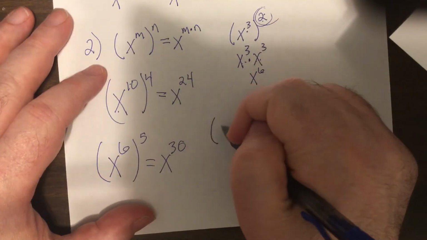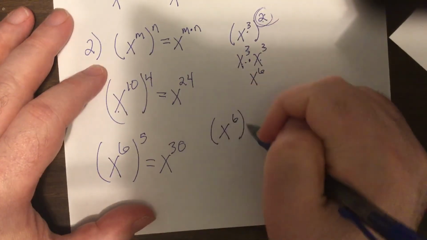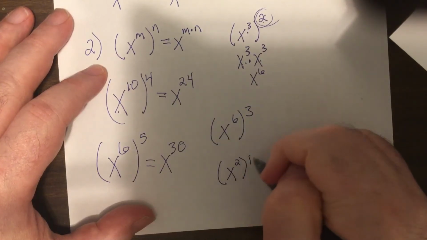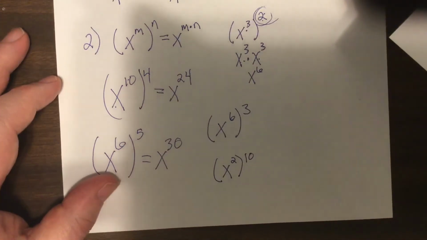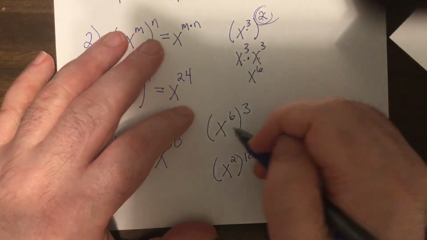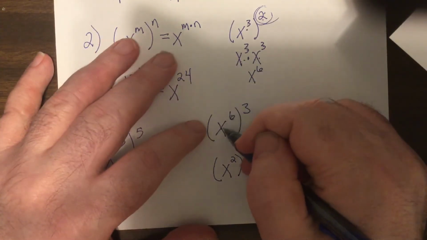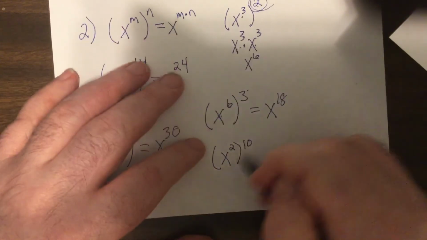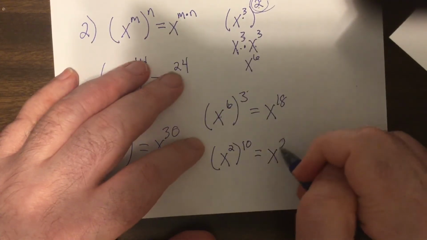So x to the 6th to the 3rd, x squared to the 10th, what would those be, my students? And hopefully you're saying, well, x to the 6th, raised to the 3rd, x to the 18th. And this would be x to the 20th.